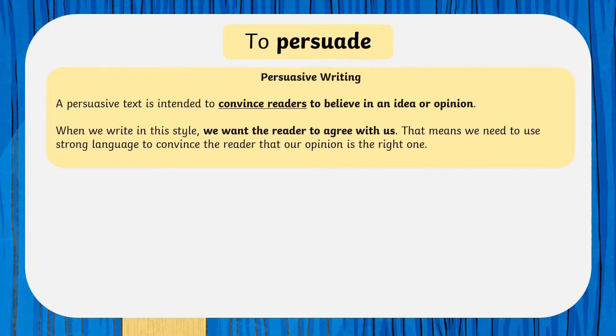So when we write in this style, we want the reader to agree with us, which means we need to use strong language to convince the reader that our opinion is the right one. What kind of strong language are we talking about? That is what we are going to learn after this.